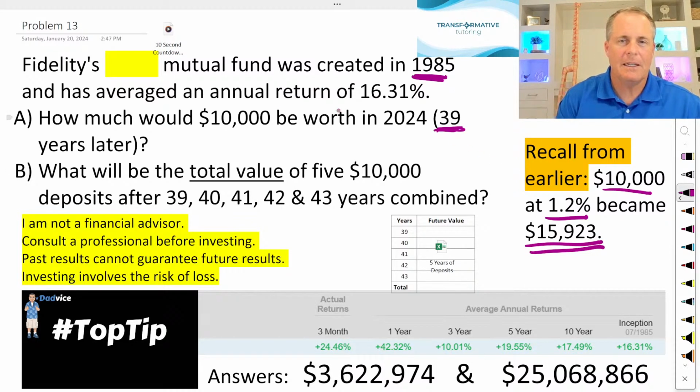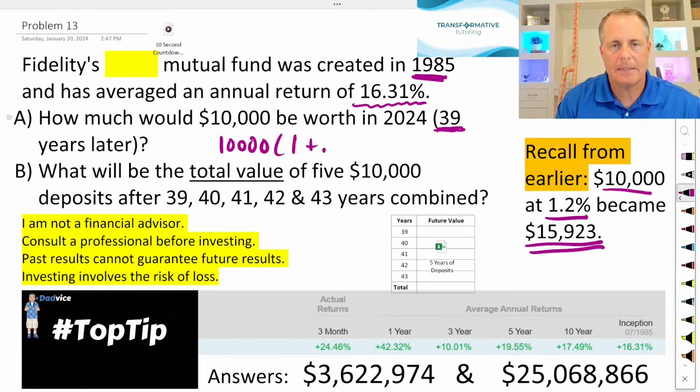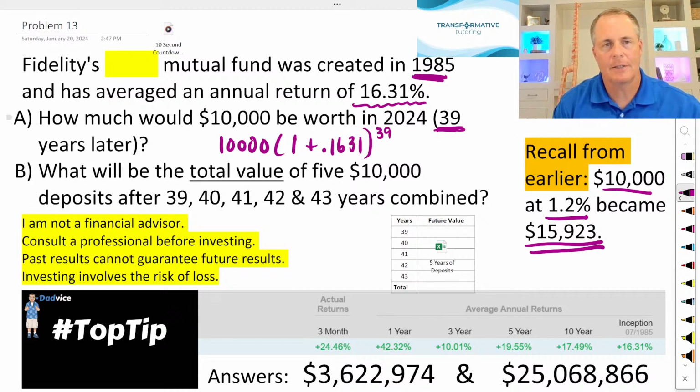So I want to show you what happens if you can earn a very high interest rate here, of 16.31%. We'll set up our equation. We'll have our 10,000 that we're starting with, and then we're going to go 1 plus our interest rate because we want the money to grow, and then we're going to put it in for 39 years.